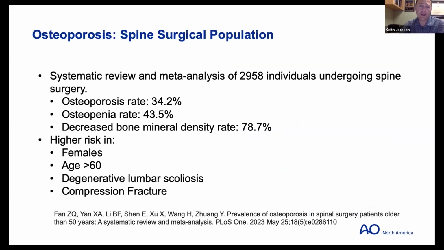They found significant associations between the presence of osteoporosis and female gender, age greater than 60, degenerative lumbar scoliosis, and compression fracture. While some of these can be deduced through logic, the presence of degenerative lumbar scoliosis may not be as straightforward.